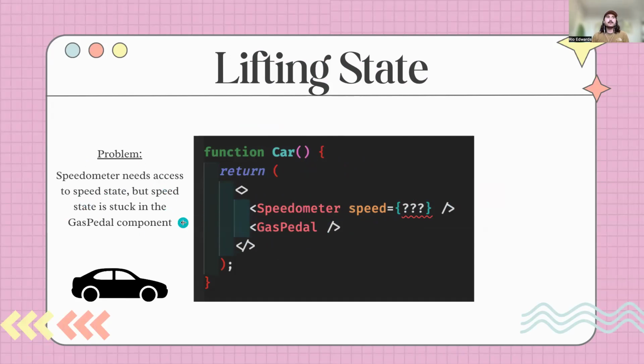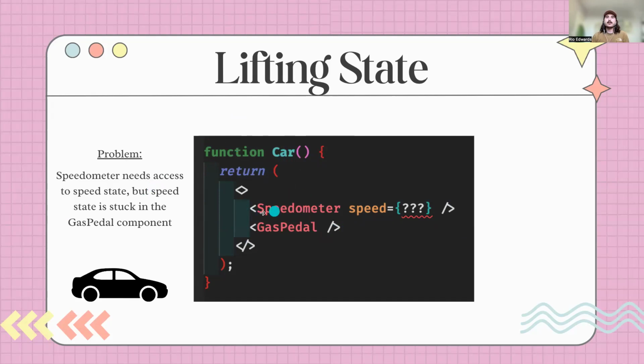So the problem is the speed variable is stuck inside the gas pedal, and we can't pass a prop backwards. I can't say from the gas pedal, pass that variable into Car. Car is the parent component of the gas pedal, and so the variables we create in the gas pedal cannot be accessed in Car.